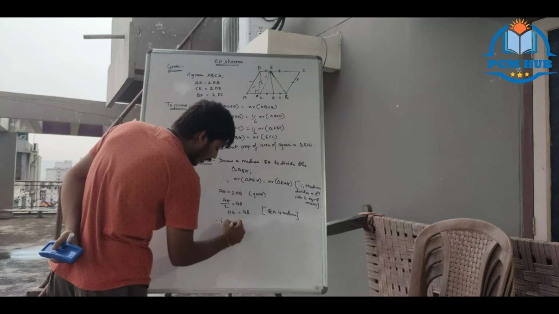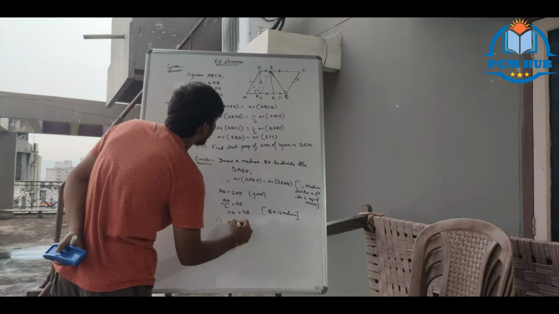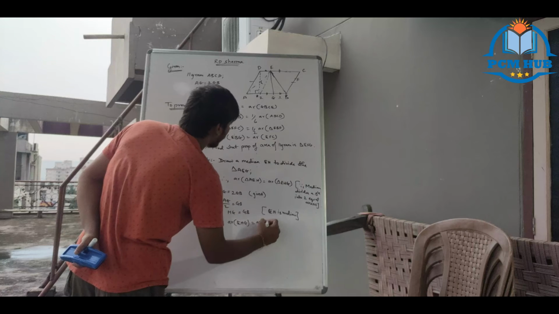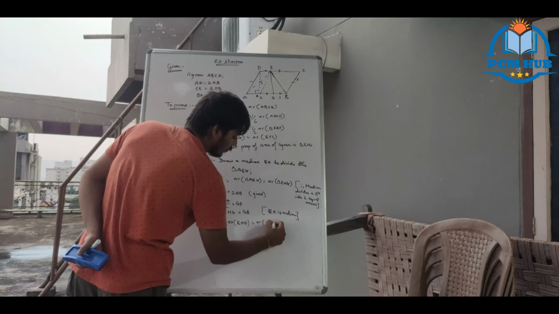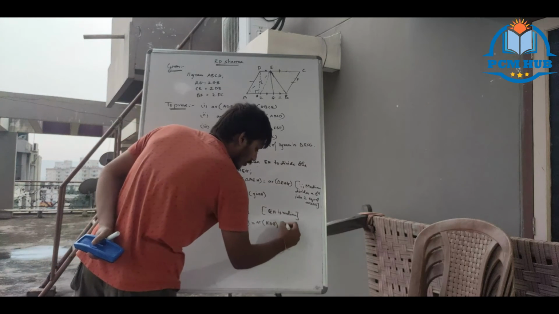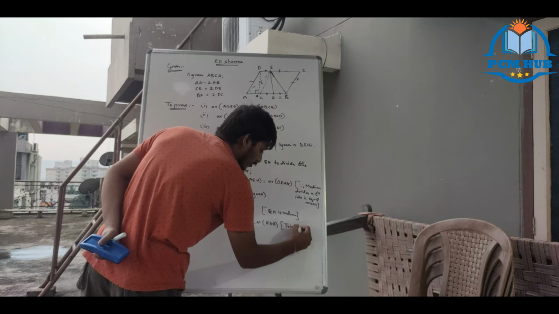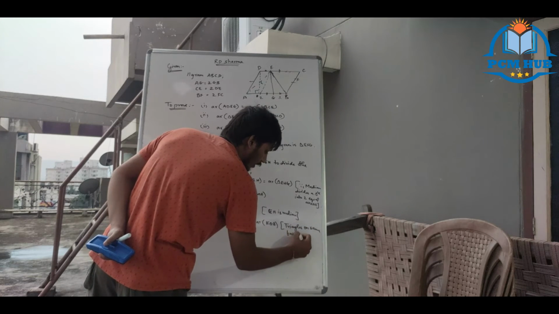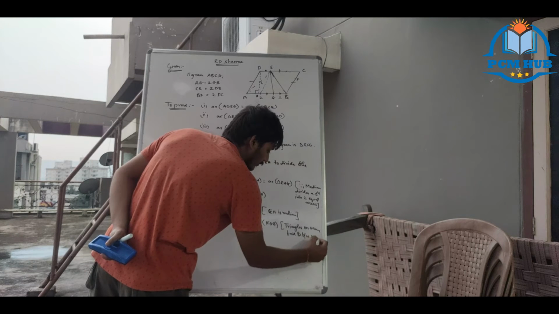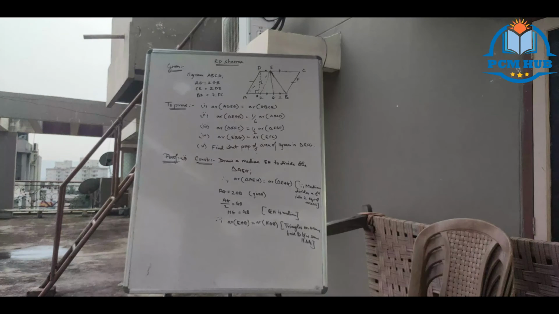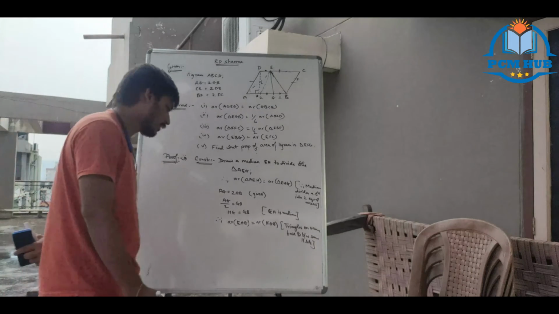Therefore, area of EHG equal to area of EGB. Triangles on same base and between same parallels. Triangles on the same base and between the same parallels.